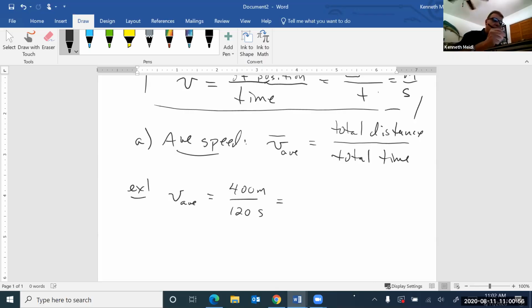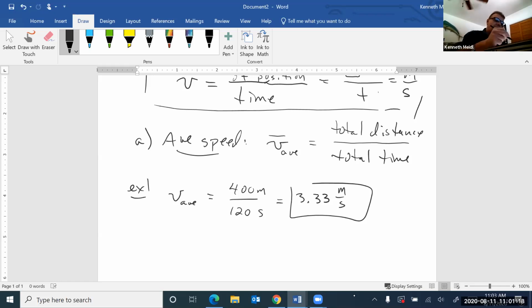At 400 meters, I think that's probably to the nearest meter. So for a person that takes 2 minutes to go around the track, they're going about 3.33 meters per second.